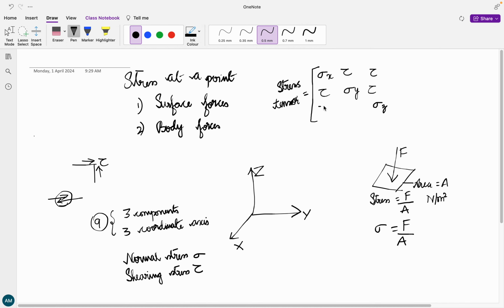They should be denoted with respect to the components. First it is with respect to x-axis, y-axis, then z-axis. So here it is tau xy, tau xz. Here it is tau yx, and then here it is tau yz. Then here it is tau zx. Here it is tau zy.